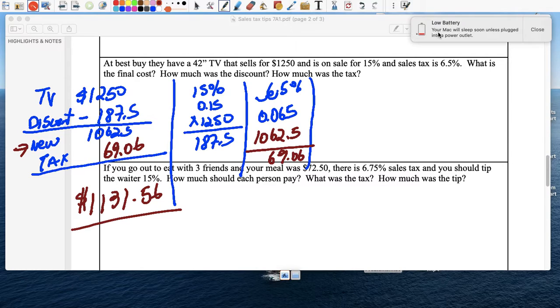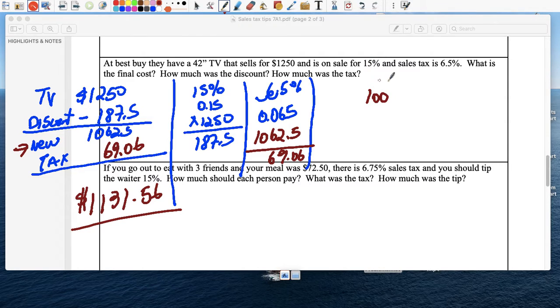Of course, the more direct way to do that problem, if I don't care about what the actual tax is or what the discount is, and I just want to know what my total is. Well, let's think about this. First of all, what's happening here?